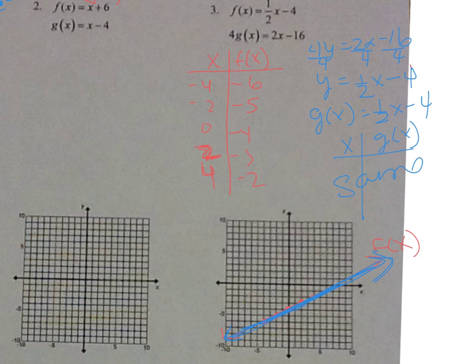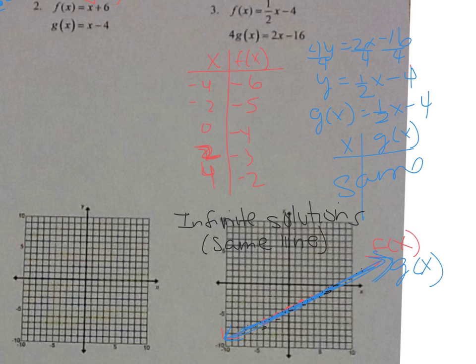Well, there's actually an infinite amount of solutions. So the solutions are where it crosses each other. They actually cross each other in an infinite amount of spots. So we would write here, the solution is an infinite number of solutions, because it's the same line.